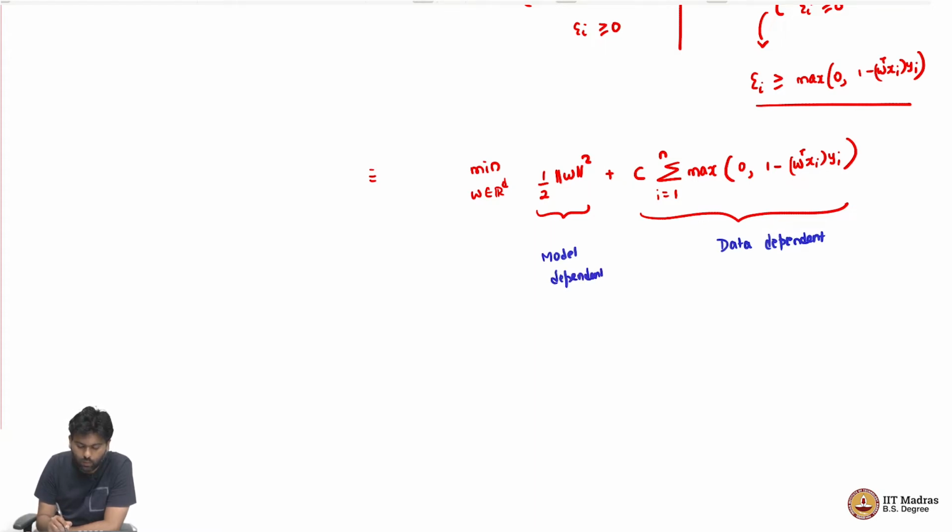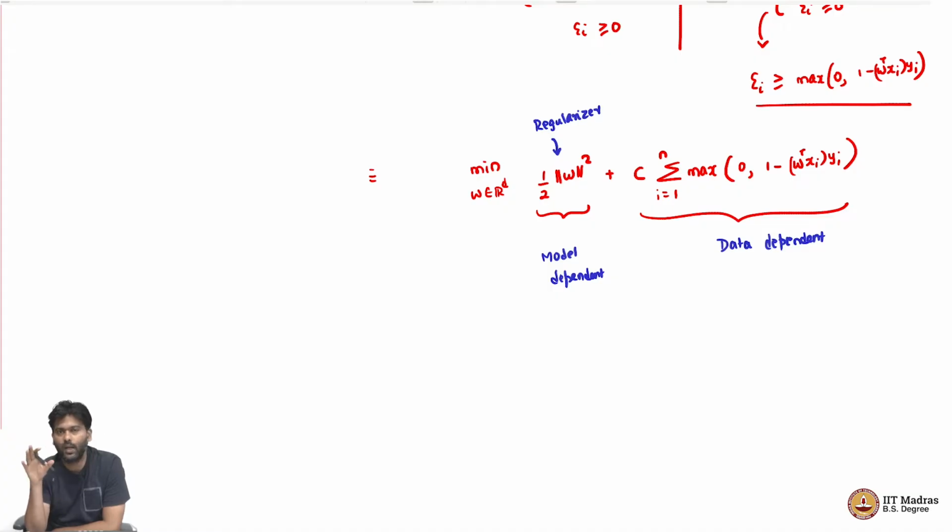We can now view this term as a regularizer. If you remember from ridge regression, we had a loss function which is a squared loss, and then we added half norm W squared as a regularizer. Now this half norm W squared serves the same purpose.